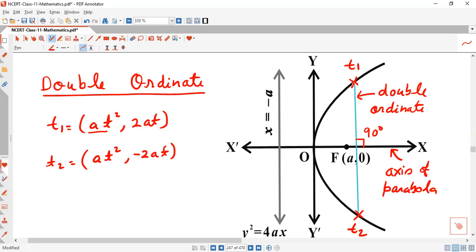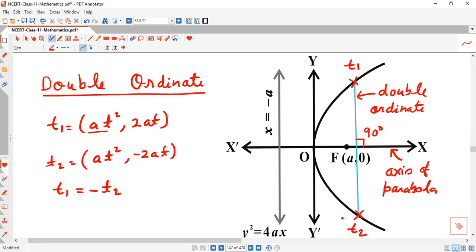So practically, these are T1 and T2, and T1 equals minus of T2. We are putting the value of T as just T1 and minus T1. These two coordinates have a relationship: T1 equals minus of T2, or vice versa.